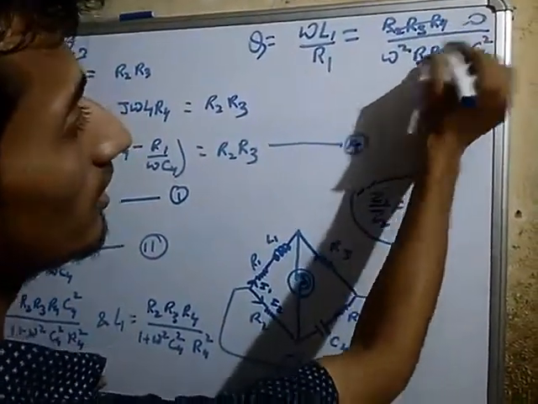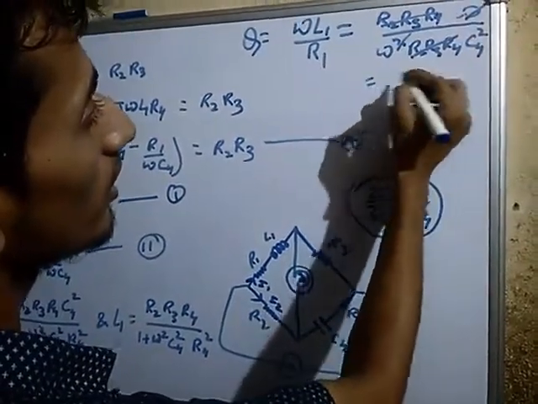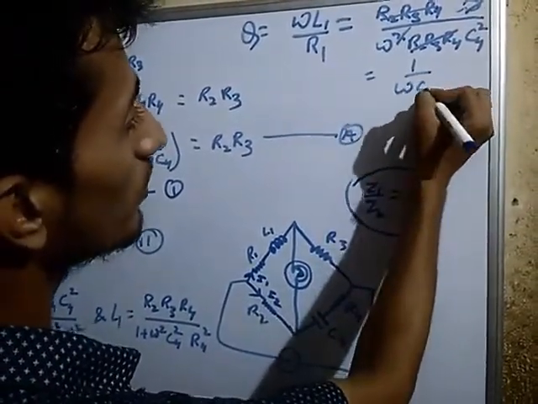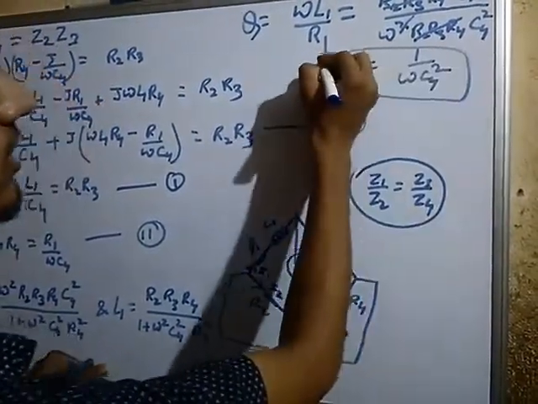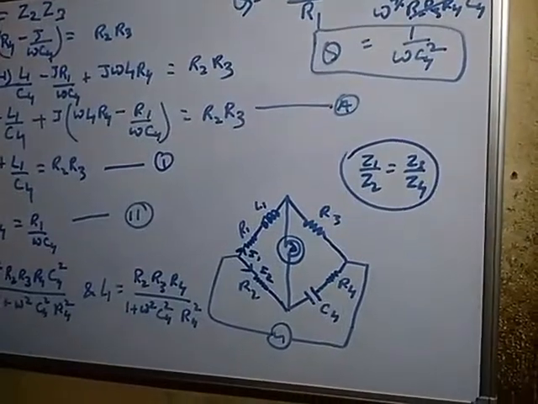This one omega will be cancelled, leaving 1 upon omega C4 R4. This is the quality factor of this bridge.